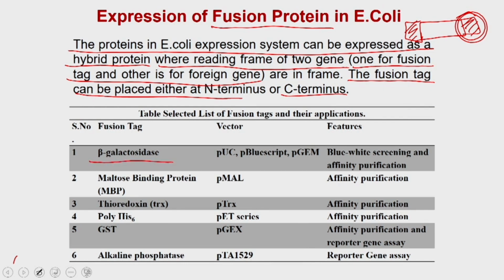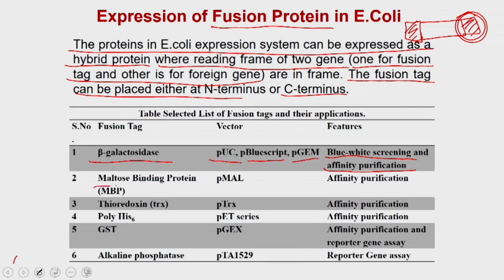You can have beta galactosidase as an enzyme tag, and the vectors you can use for this purpose are called pUC, pBluescript or pGM. What is the advantage of this particular type of tag? You can use this tag for blue white screening as well as for affinity purification.